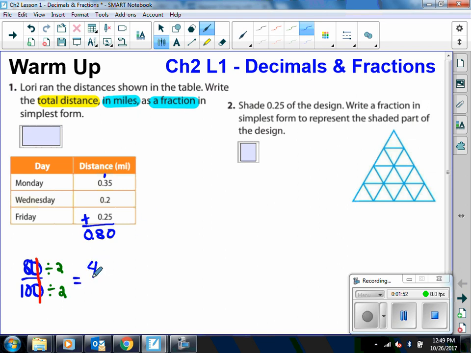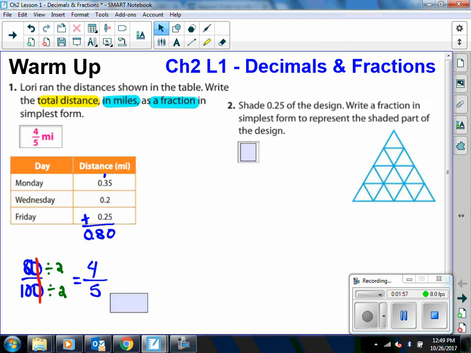Okay? For number 2, it says shade 25 hundredths of this design. We want to write a fraction in simplest form to represent the shaded part of the design. So first we want to figure out how many we have to fill in to shade. So when we start with 25 hundredths, okay, 0.25 is 25 hundredths. Now we can write that as a fraction. So that's going to be 25 over 100.